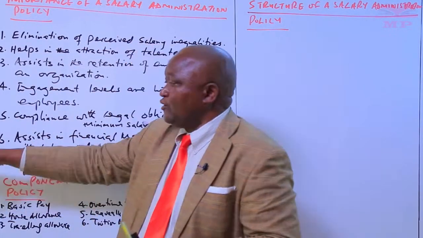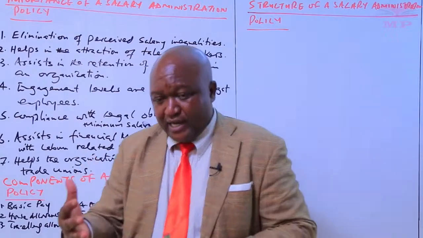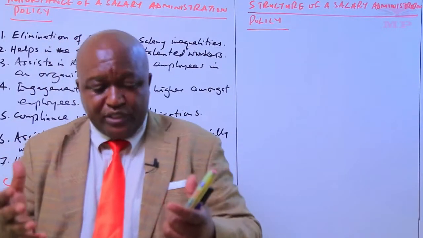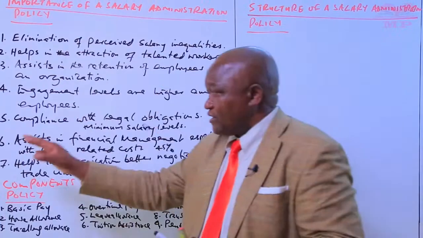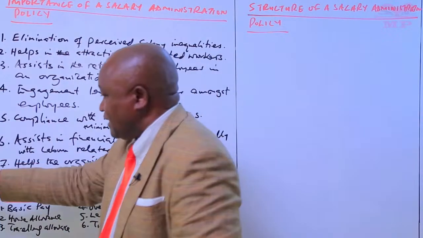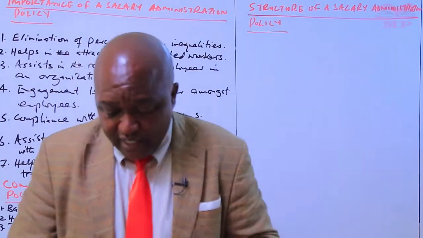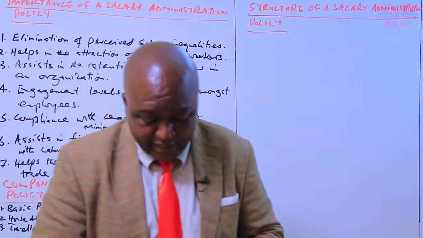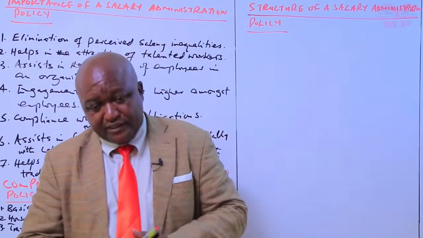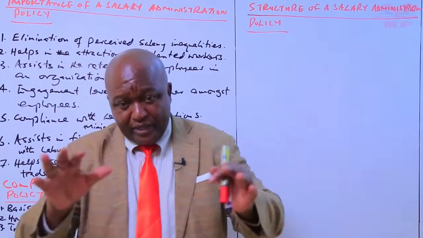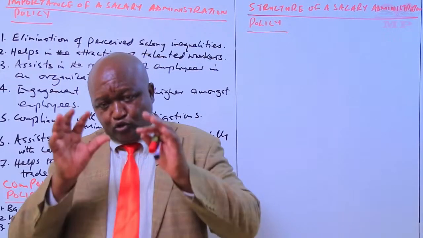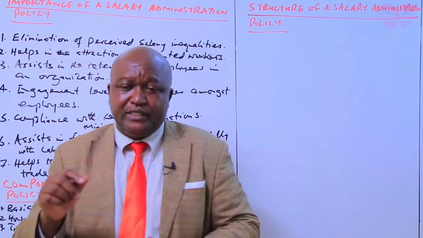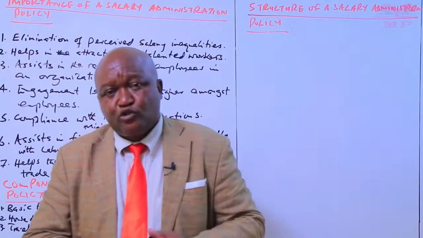The answer is no. Organizations may have different policies structured in certain ways. But if you have a structure of a salary administration policy, or if you go to an organization, dear learner, or you work for an organization and you have now been told, prepare a salary administration policy. So what are some of the things that may be on that particular policy that you may want to include?